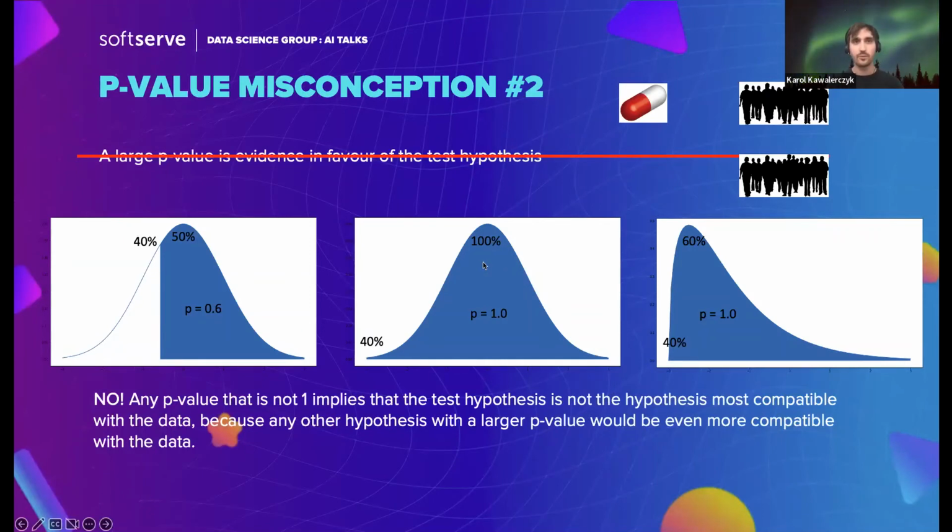So even though the p-value might be big, it's not in favor of the test hypothesis. All you can say is that a large p-value is not evidence against the hypothesis. It's not the same as evidence in favor. And here comes the probability of hypothesis once again. Probability works so that if we have a binary situation and we have a 40% chance of one thing happening, then the other thing has 1 minus that probability.